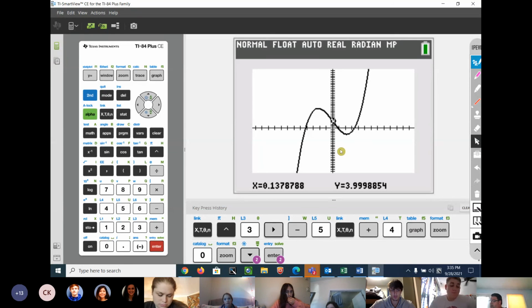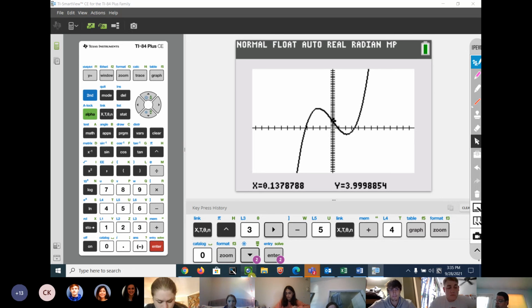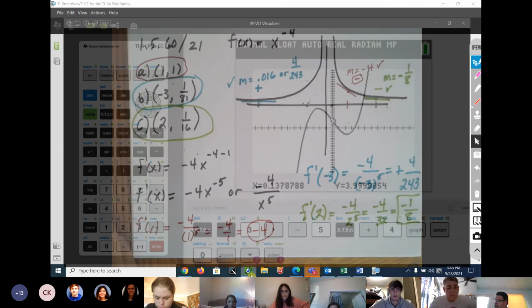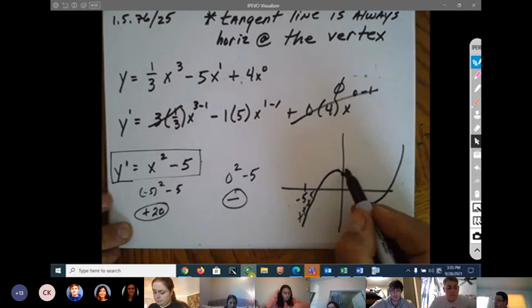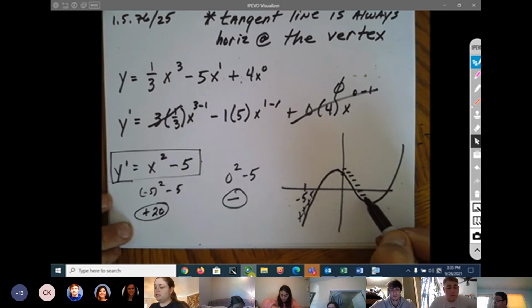I'll draw it right here. Now X is equal to 0. That's 0 squared minus 5. What is the answer? It's negative. What does negative mean? At x equal to 0, I'm decreasing.